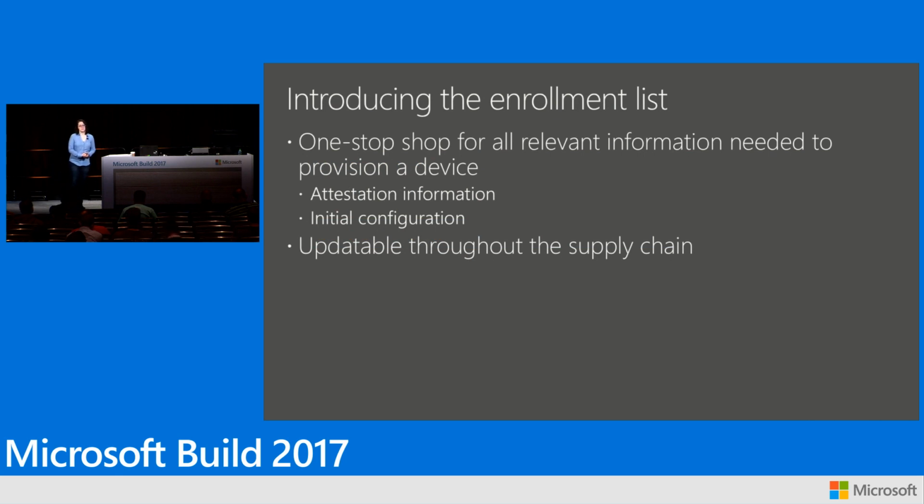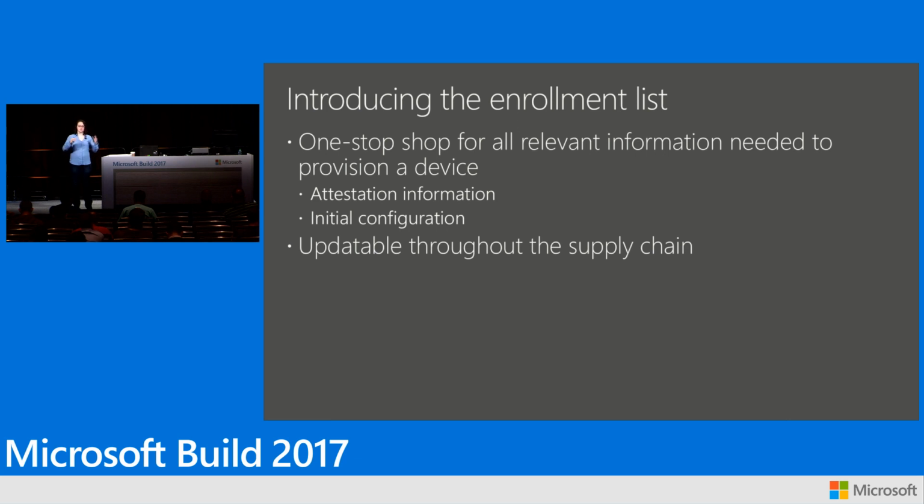The way we're doing this is through a concept called the enrollment list. And the enrollment list is basically an allow list of all the different devices that are allowed to connect to the device provisioning service and be eventually connected to an IoT hub. And this isn't just a single device, but you can also do groups of devices as well. So you have individual enrollments in case you need per device identity and per device initial configuration. But you can also do group enrollments.